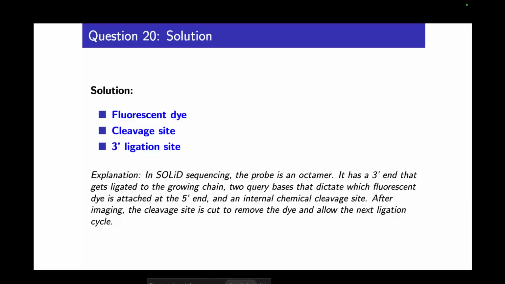So the cleavage site will be there, the fluorescent dye will be there, and there will be a three prime ligation site. The three prime end will be ligated, so it will move from five prime to three prime, with a three prime ligation site, a cleavage site, and a fluorescent dye. So that's it.